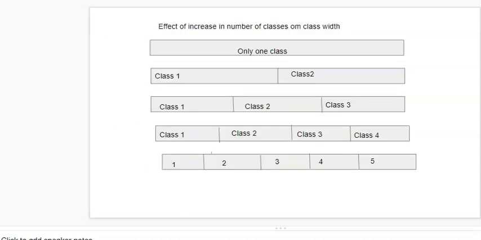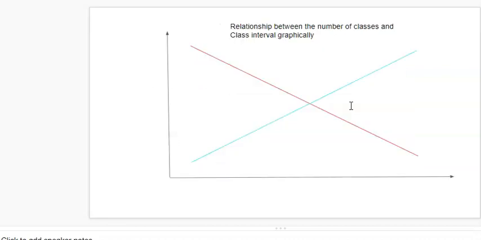If I explain this in pictorial format: only one class, class 1, class 2, 3 classes; as the number of classes increases, class width keeps on decreasing. Blue stands for the number of classes, and red stands for the class width.